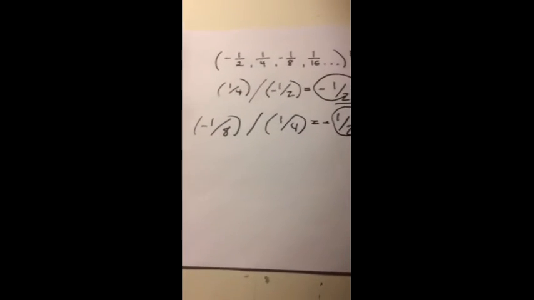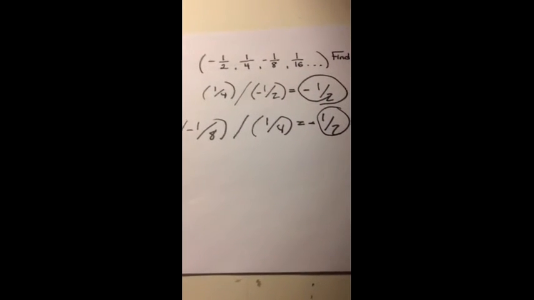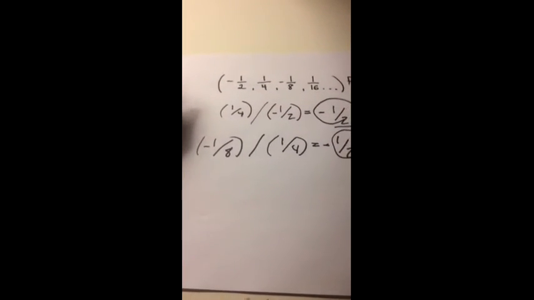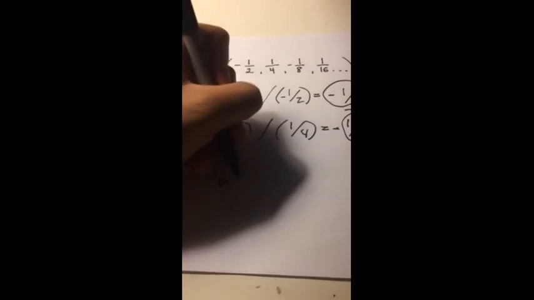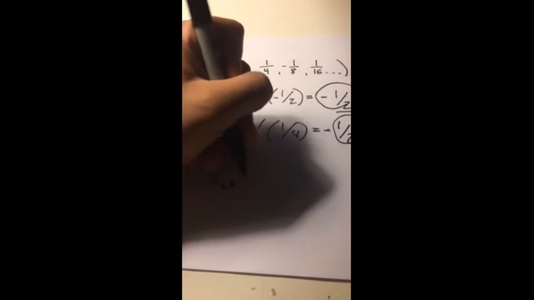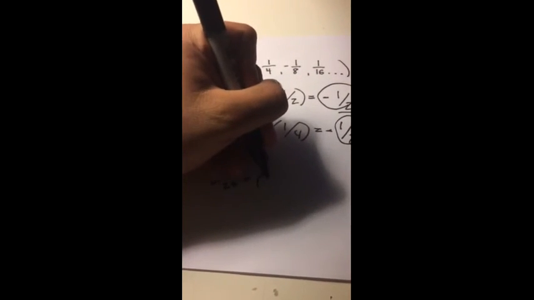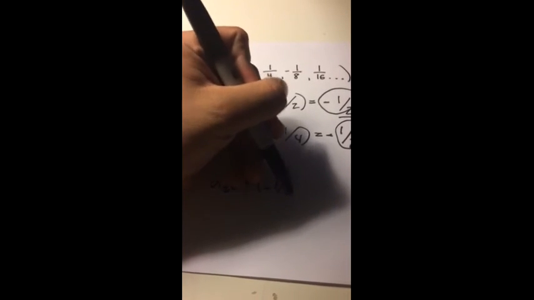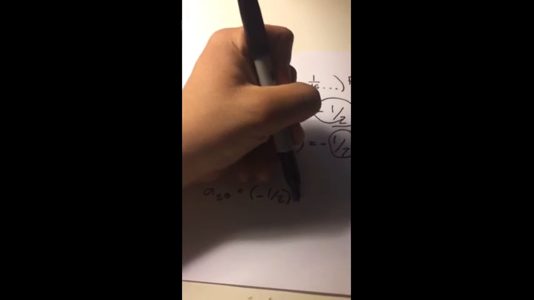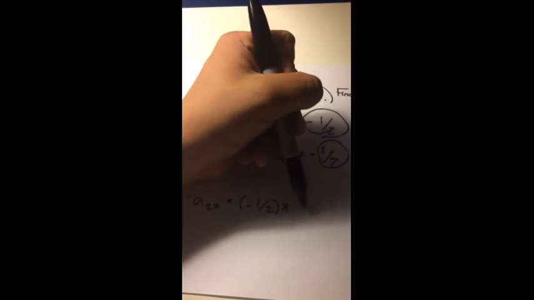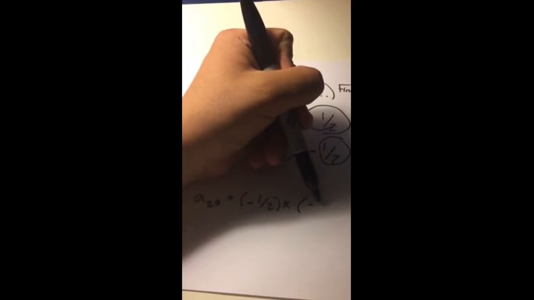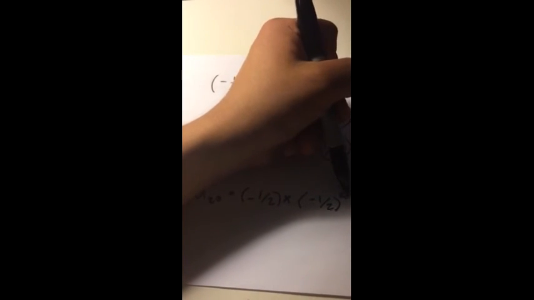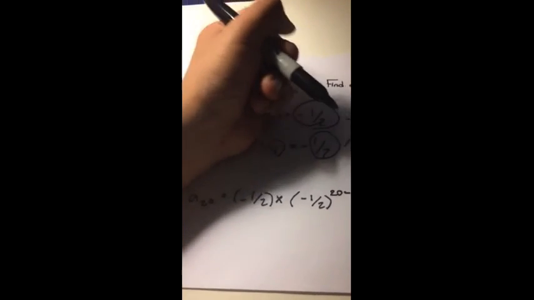Alright, so let's plug in all the information that we have so far into our geometric sequence formula. So a sub 20 will be equal to negative 1/2 times our common ratio, negative 1/2, to the 20 minus 1 power.